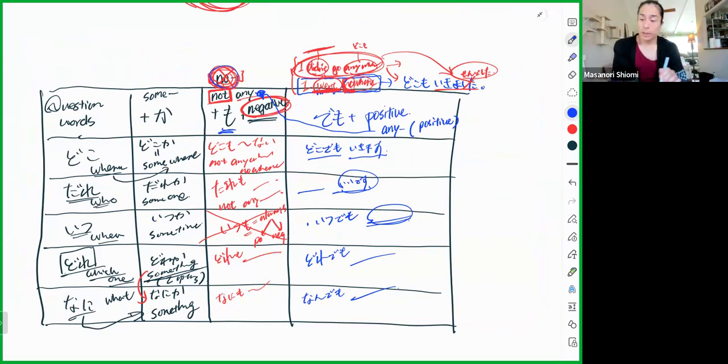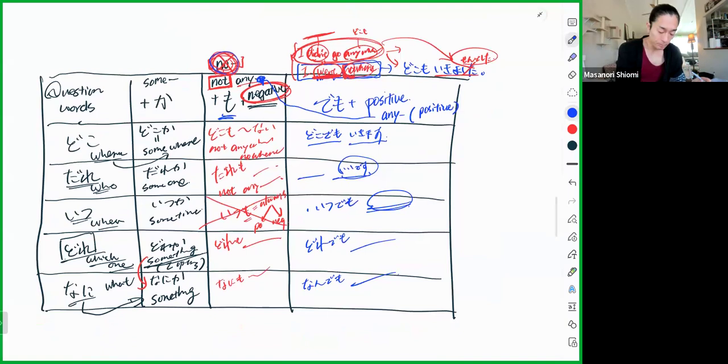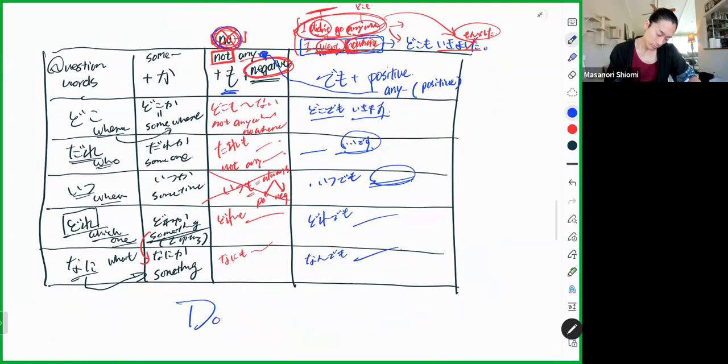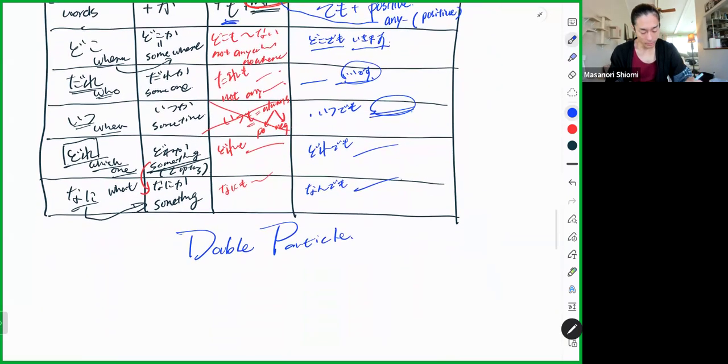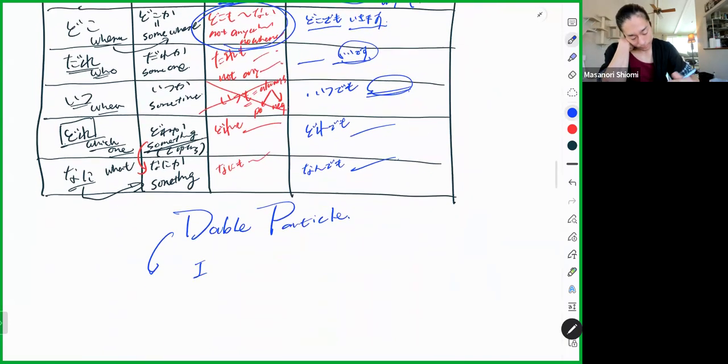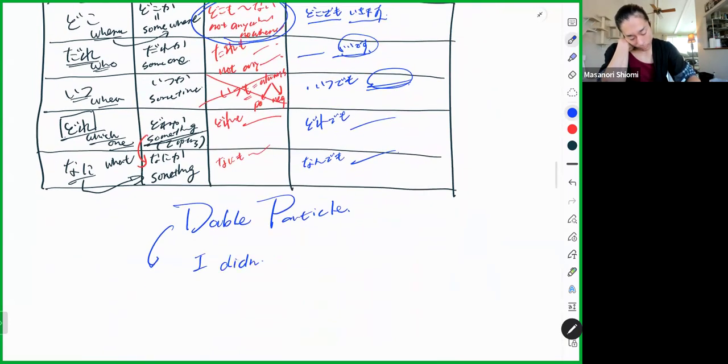Okay, so this was just a review, right? The new grammar points, not really new, but from this chapter, is talking about double particle. For example, if you want to say, using this one more with negative, I didn't go anywhere.